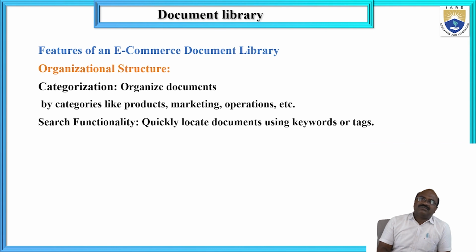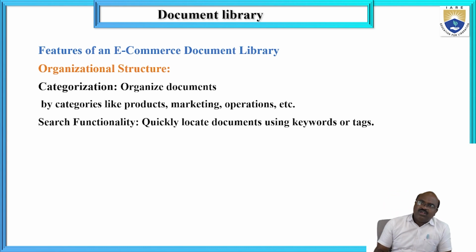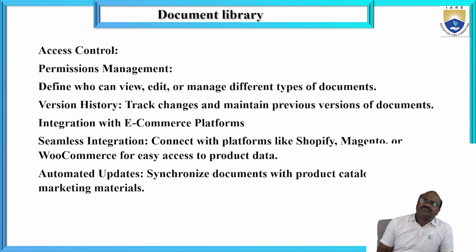For example, a college name can be converted into a shortcut. Because of the shortcut, the words are reduced and searching is more effective for getting the same information. So that is called the search functionality, and it is the most important feature of e-commerce documents in e-commerce business.